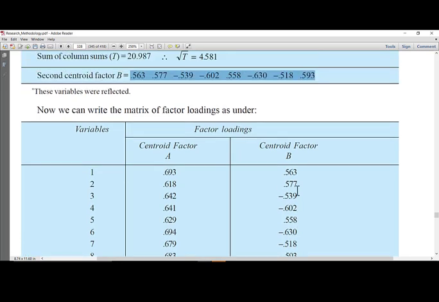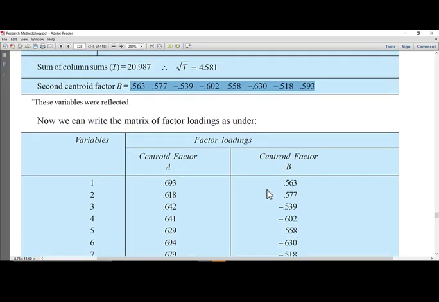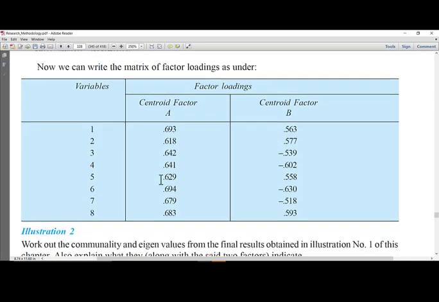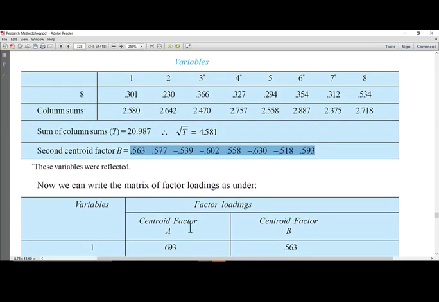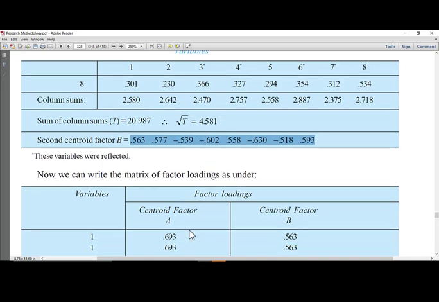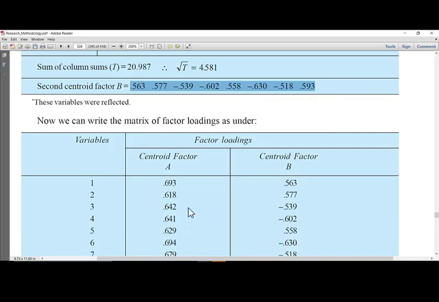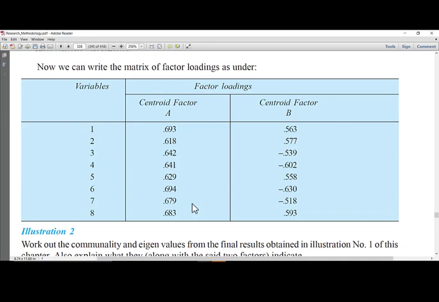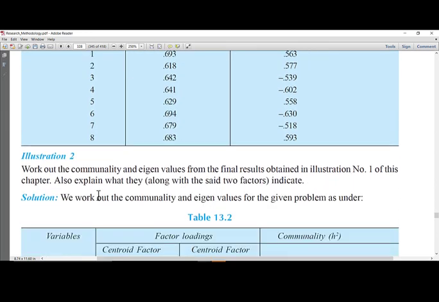So this is what was asked, finding the two factors A and B, so that the behavior of these 8 variables can be explained in terms of these two factors. Now work out the communality and eigenvalues from the final results obtained in this first illustration. Also explain what they indicate.